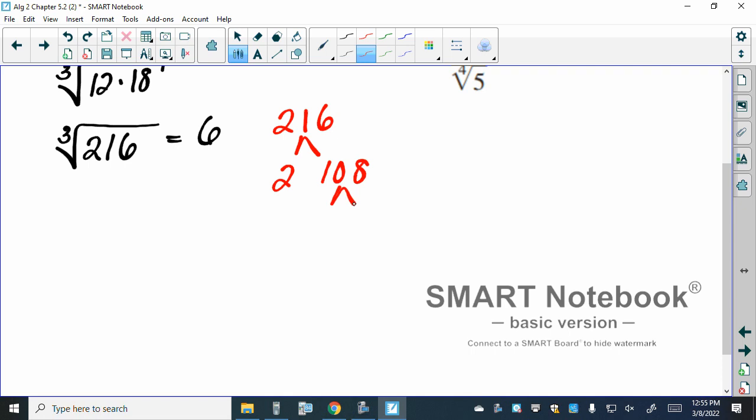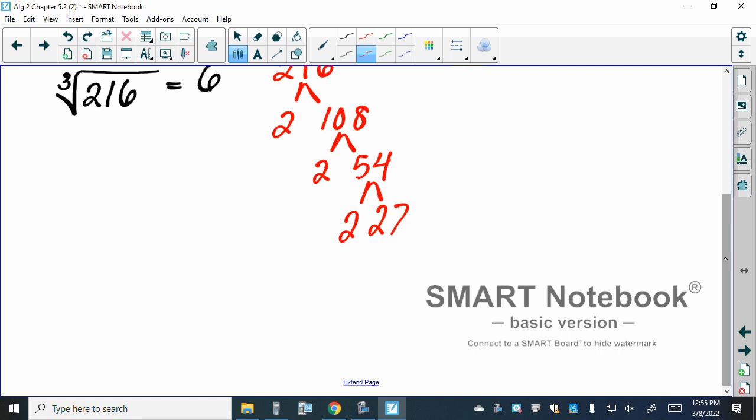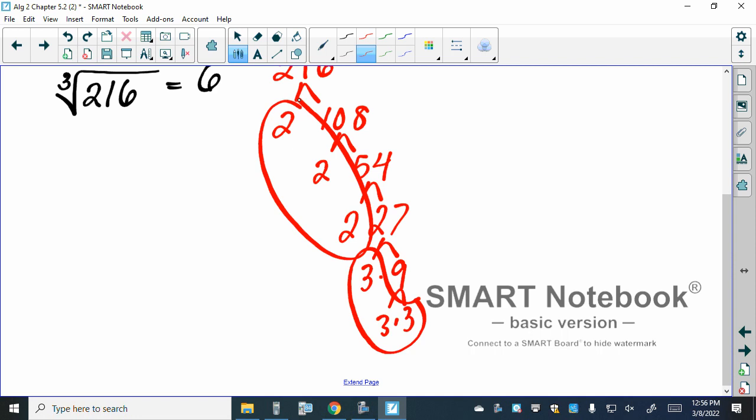So for 216, we can do 2 and 108, which would be 2 and 54. 54 is 2 and 27. Well, 27 wouldn't involve 2 anymore, but it would be 3 and 9, and 9 is 3 and 3. So we have 3 threes and 3 twos. Really what we can say is that we have the cubed root of 2 cubed times 3 cubed.